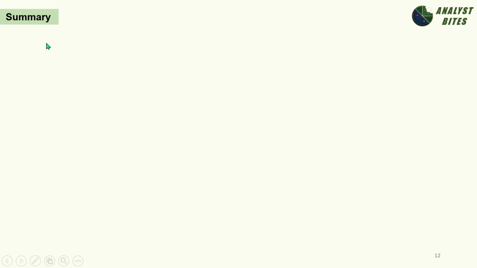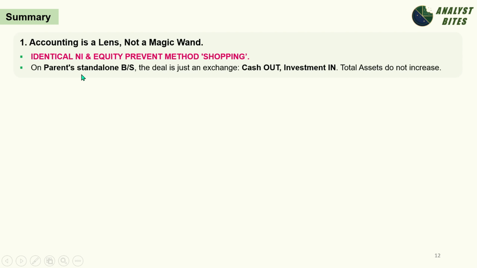Okay, to wrap up, let's condense everything into a few core principles. If you ever feel lost while doing practice problems, remember the words in pink on the screen. Accounting rules do not allow a company to create fake profit or equity just by switching methods.